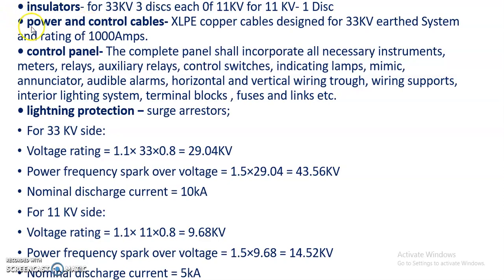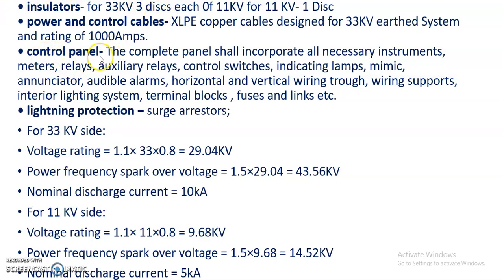So next is power and control cables. That means in order to supply the power we have to use cable. In that type, XLPE copper cable can be designed for 33 kV earth system having rating 1000 ampere. So we are using XLPE cable. Next is control panel.